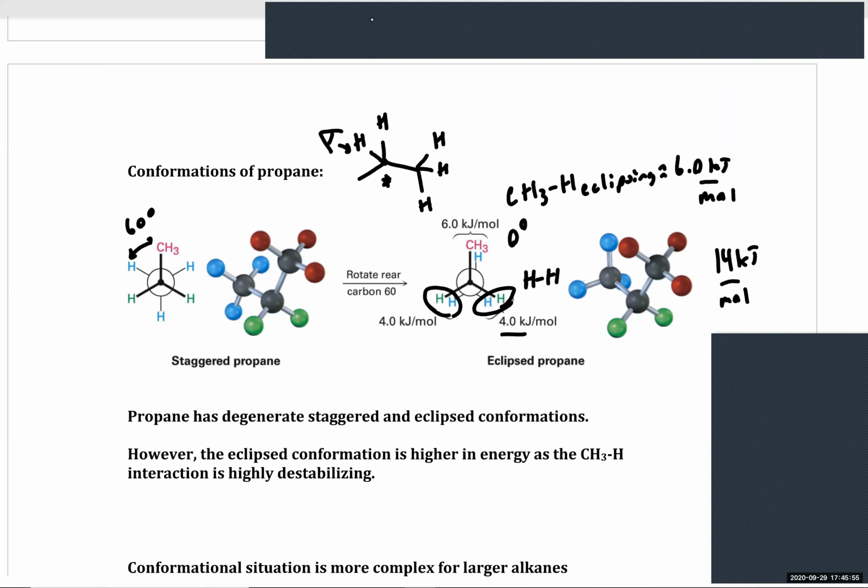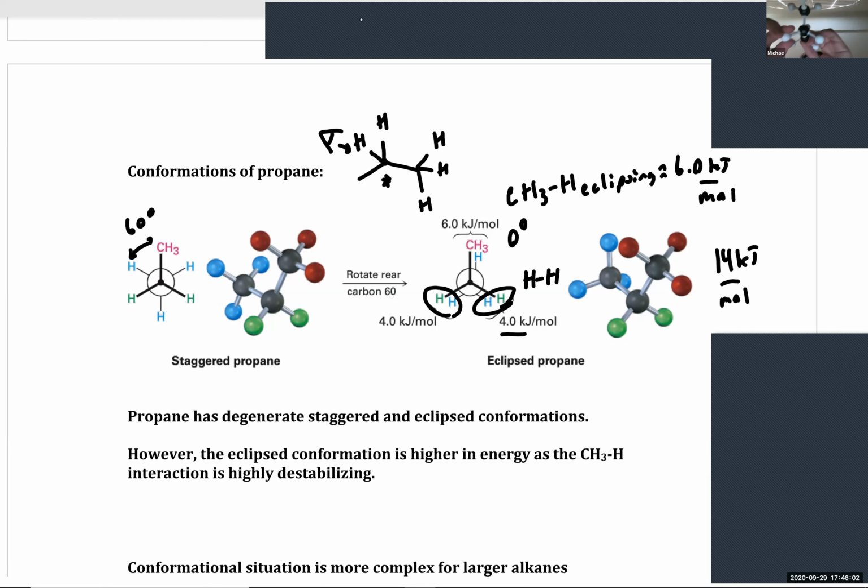One thing that I would like you to note is that if we look at rotation of our carbon-carbon bond, let's do another 60 degrees. Looking at the following, does this conformation look identical to our original staggered conformation?